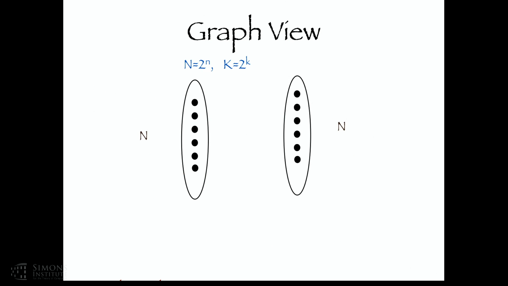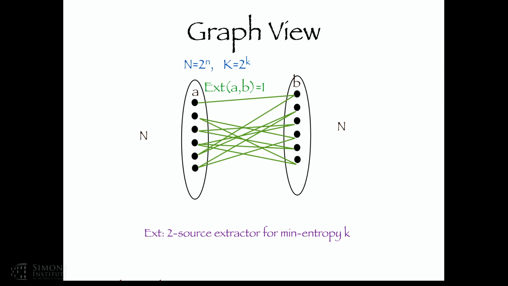So given a two-source extractor, how do we come up with a Ramsey graph? Well, it's very easy. What you do is you have 2 power n nodes on the left, 2 power n nodes on the right. So each node on the left corresponds to an n-bit string, similarly on the right. And you think of the input from the first source as a node on the left, input from the second source as a node on the right. And given your two-source extractor, if it's the complete graph, you color all the edges on which the extractor outputs 1 green.